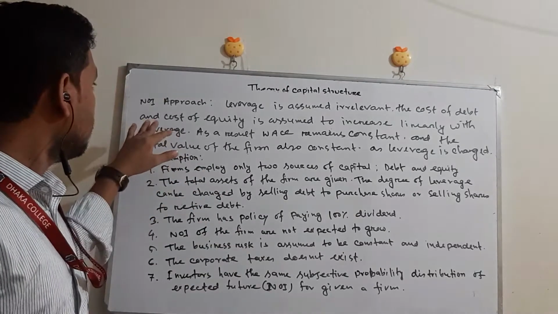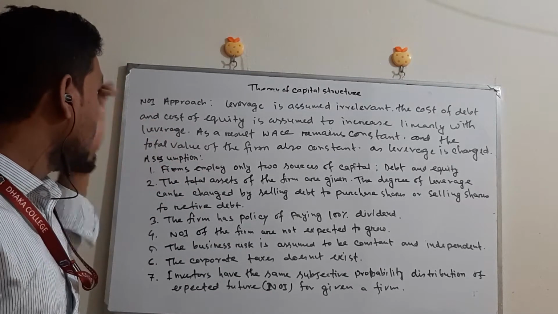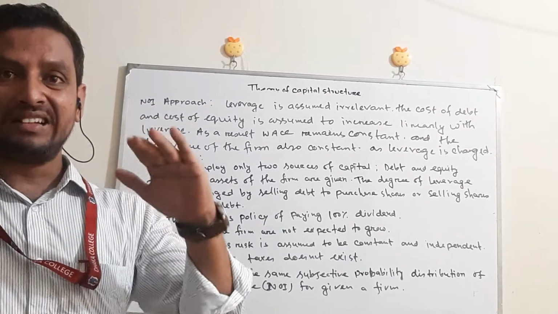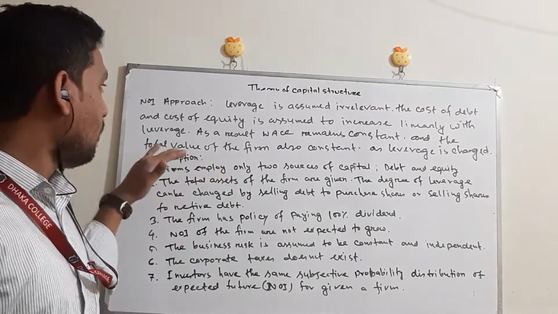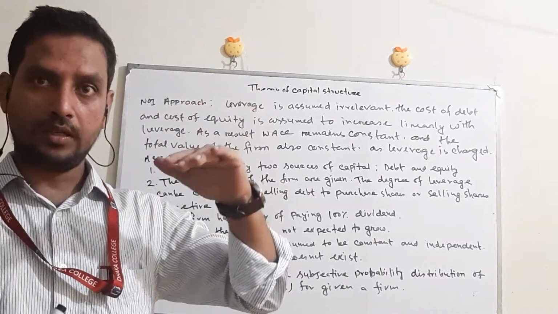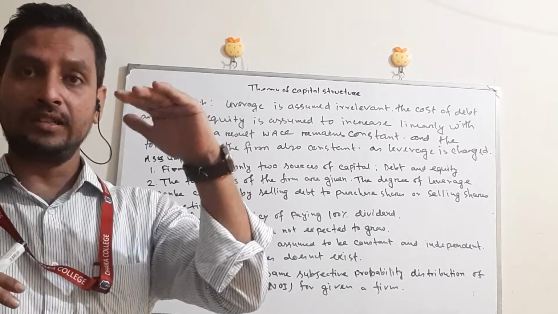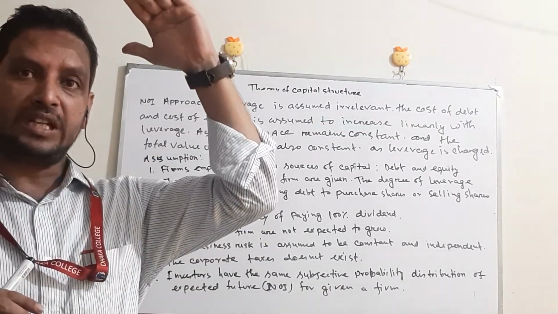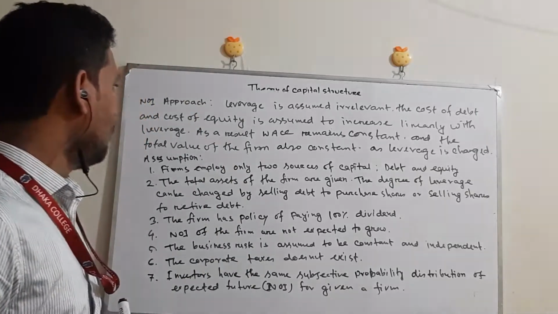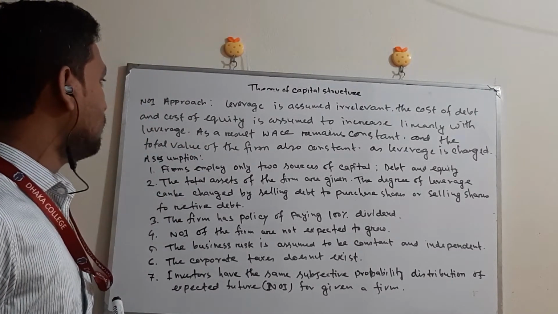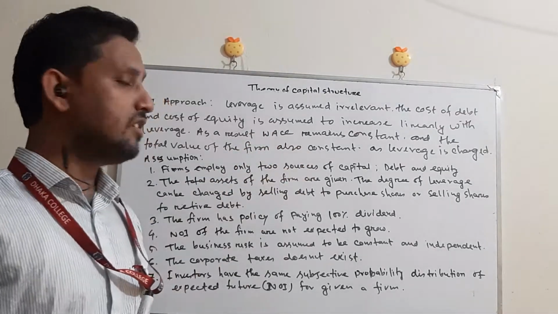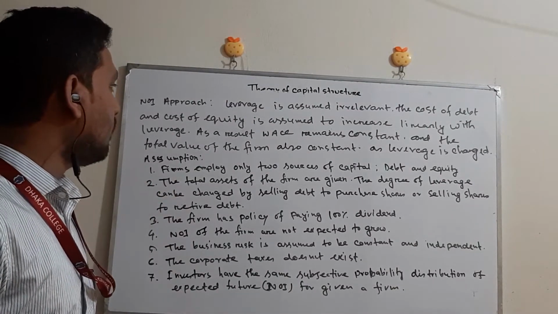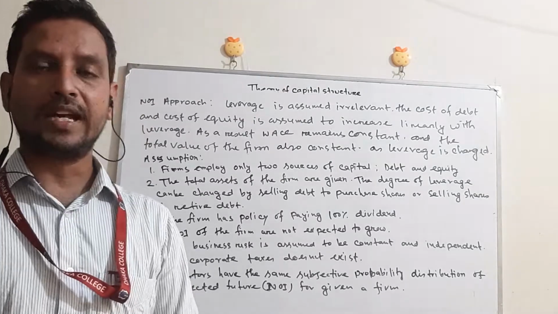I mean, the NOI approach says that when leverage is increased, cost of debt and cost of equity will be increased at the same time. As a result, the weighted average cost of capital remains constant, it is independent, and the total value of the firm is also constant. There is no change.